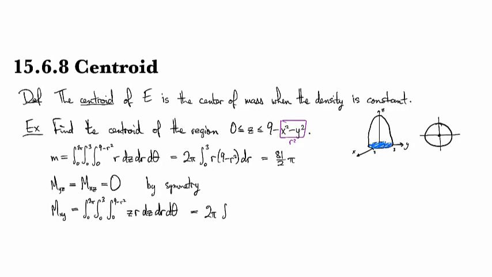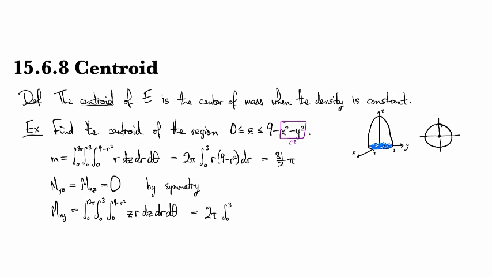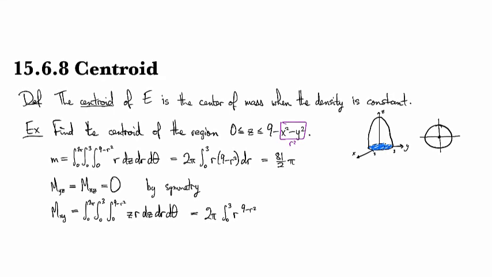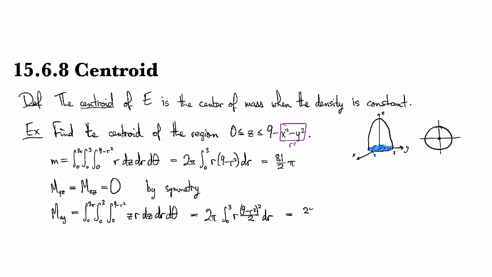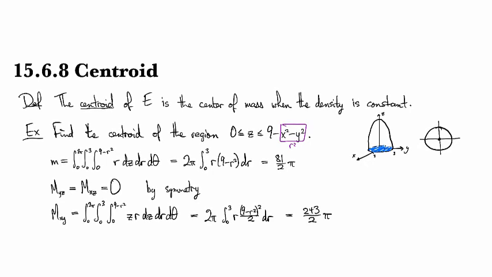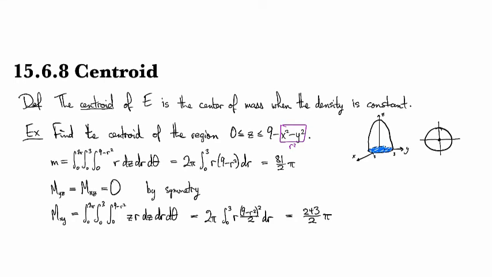And then we have the integral from 0 to 3 of r times z becomes 9 minus r squared quantity squared over 2 dr. And integrating that out, we get 243 over 2 times pi. I used some scratch work to come up with that, but all right.